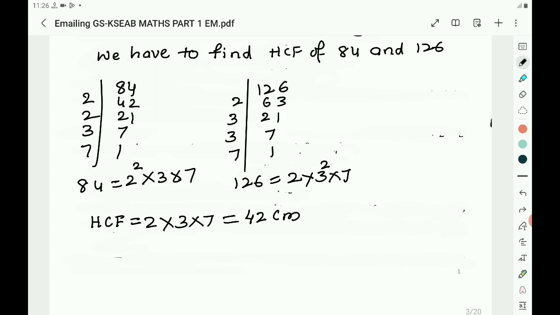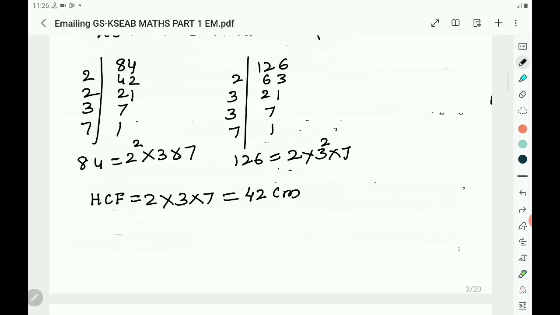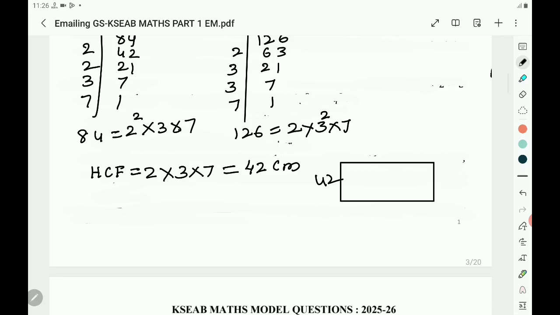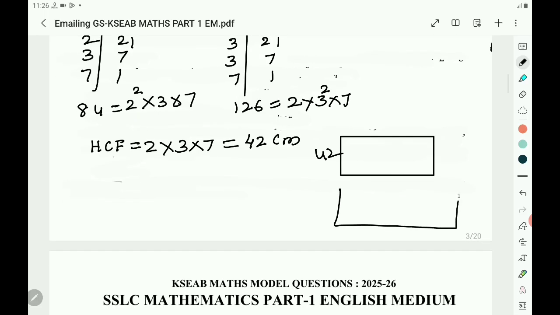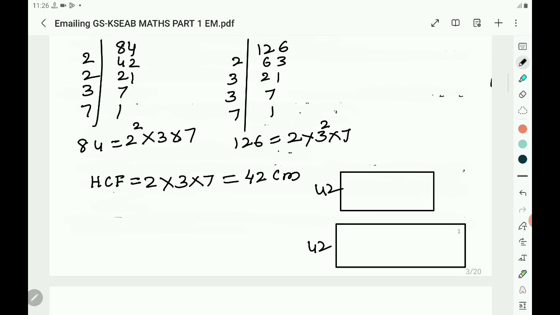And how many glass sheets are required? Here if you consider these two tables, both of them have the same width, 42. Consider this is another one, this is also 42, and the lengths are 42 and 42. How will you get this?